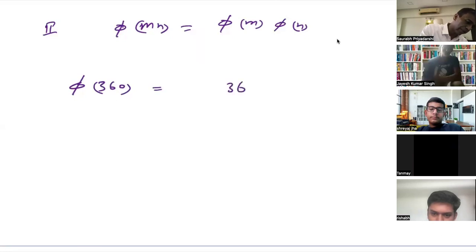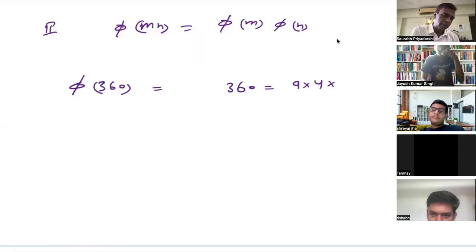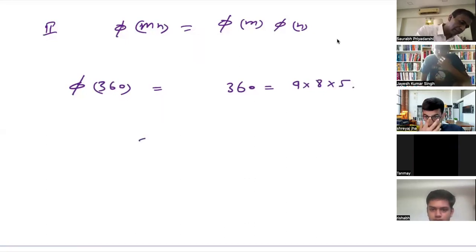360 is 15 into 24. If you prime factorize it, it will be easier: 9 into 8 into 5, right? So you can write this as 360.